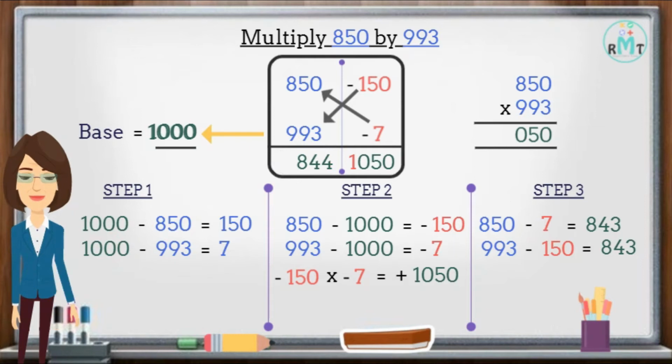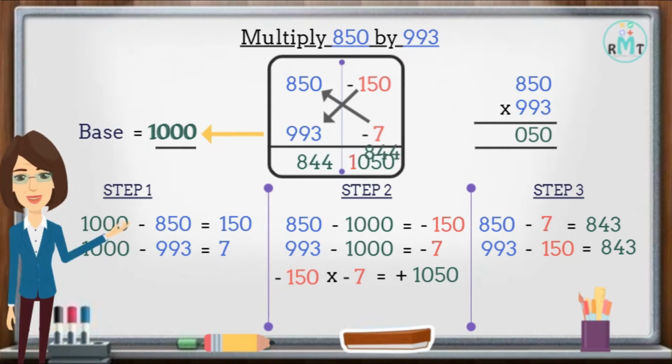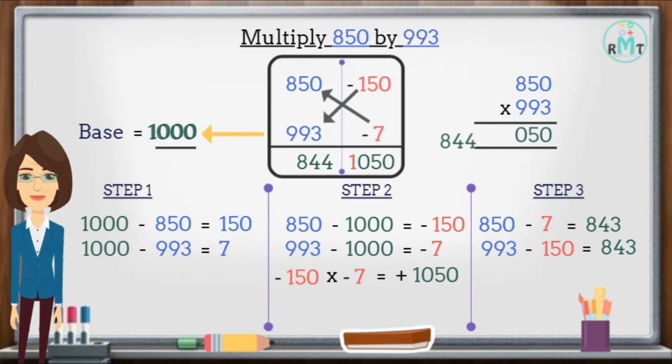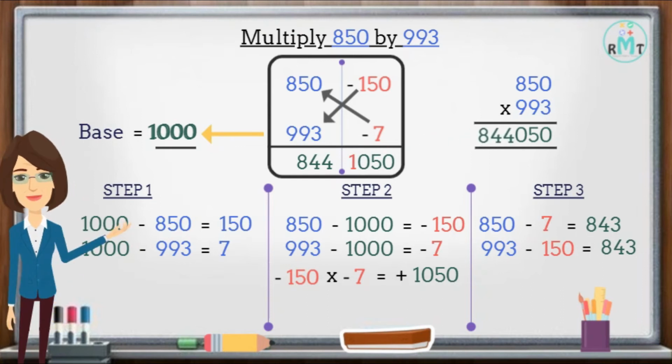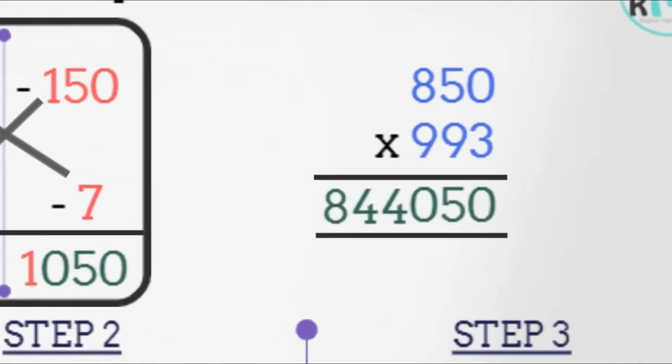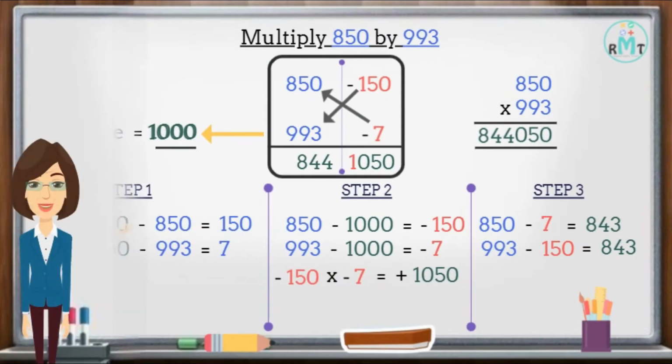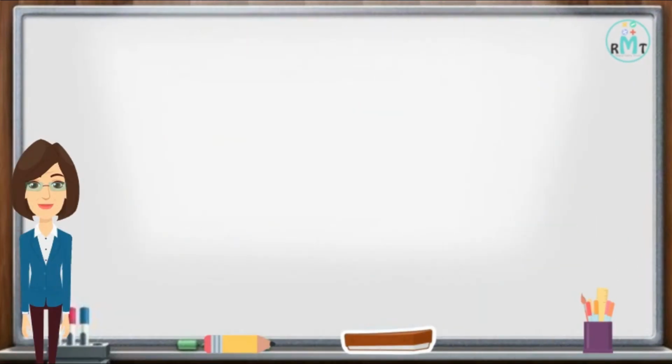So we get 844 as the answer. Next, we will write 844 to the left hand side of the answer. So our final answer is 844050. Let us take one more example.